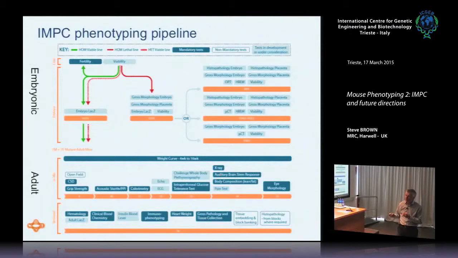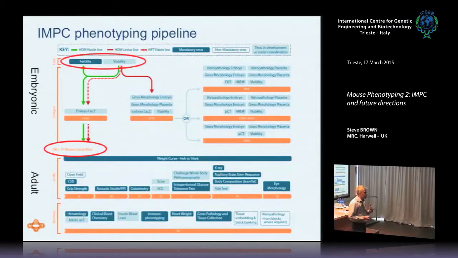Tissues and blood and so on are taken for a whole variety of terminal tests, ending up with histopathology analysis. So there's a huge variety of systems that are actually measured. And for the adult phenotyping pipeline, we in fact put cohorts of 7 males and 7 females through this whole pipeline.